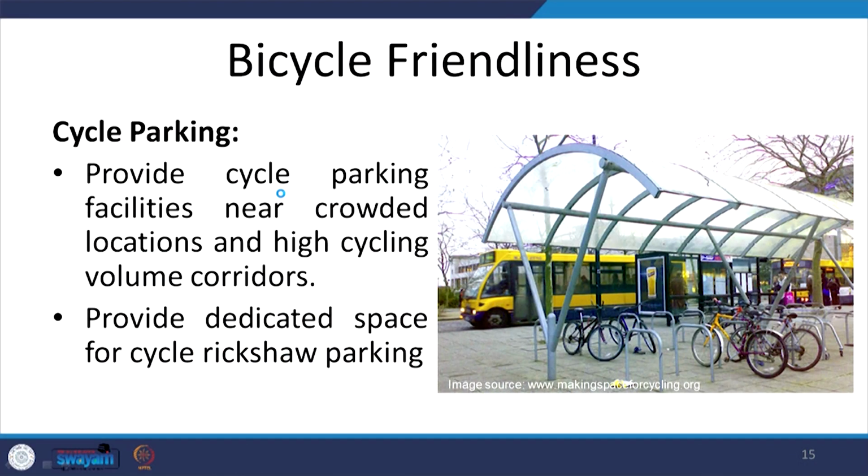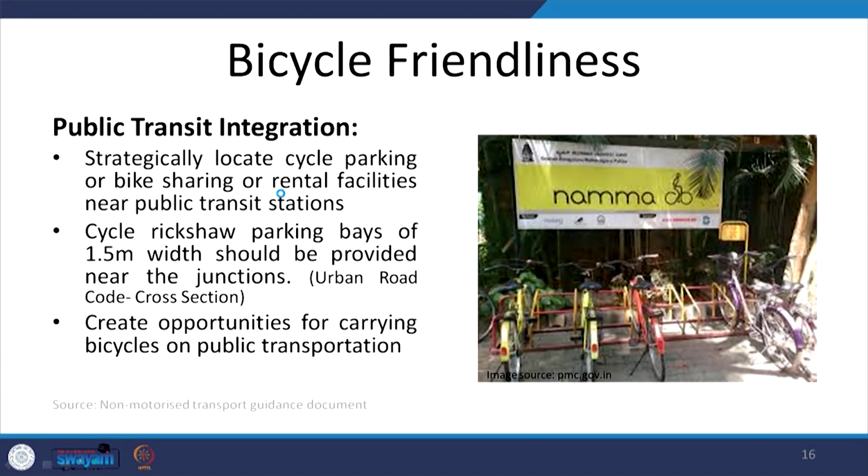So, people can cycle from their homes to the transport hubs, the bus stands, the bus stations, metro stations, and park their bicycles properly. So, adequate cycle parking spaces near the crowded locations have to be provided. This will help in the last mile connectivity or the public transit integration.